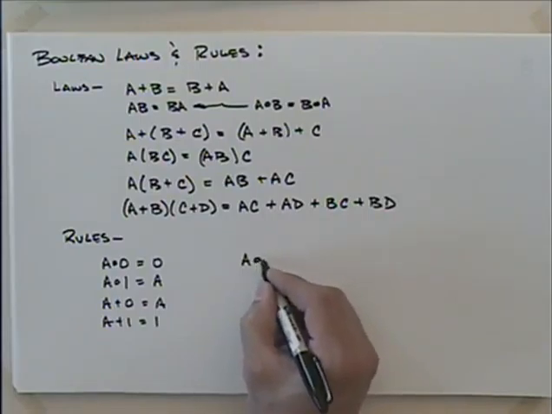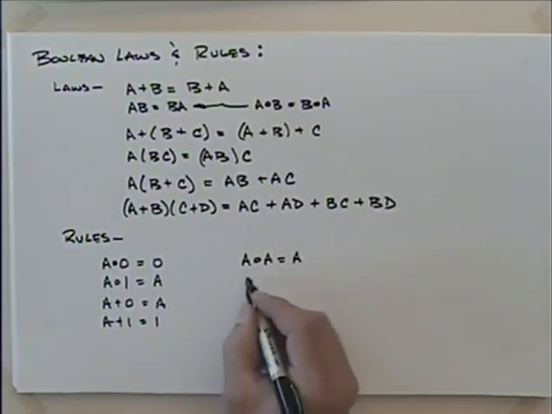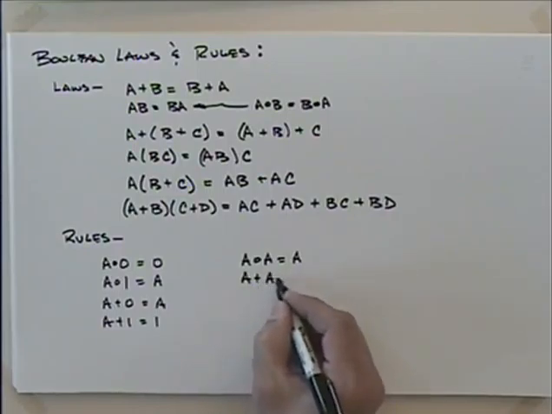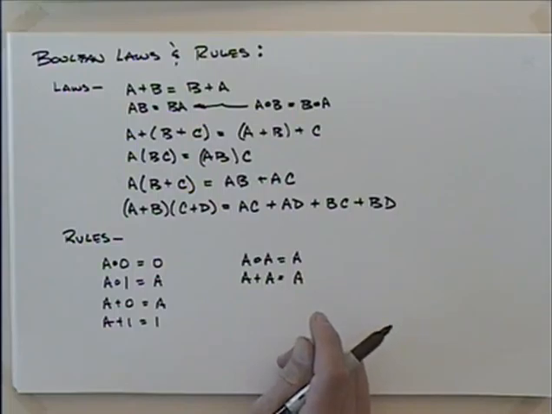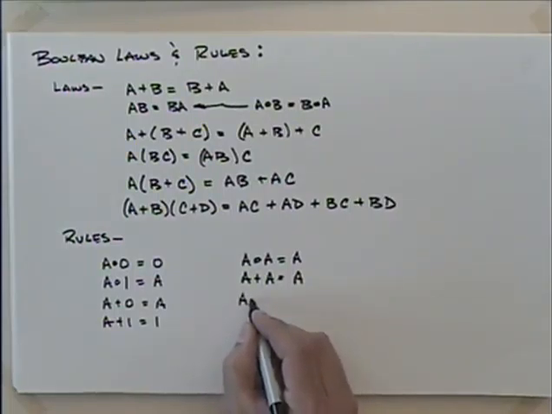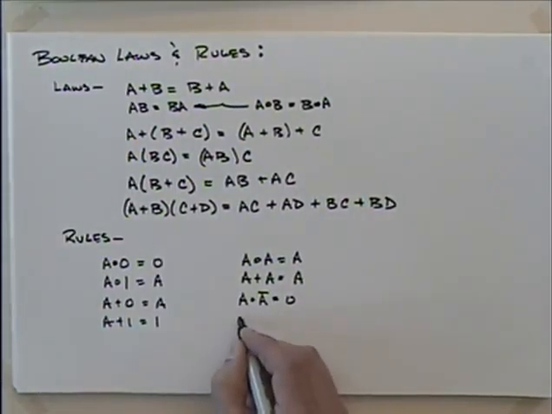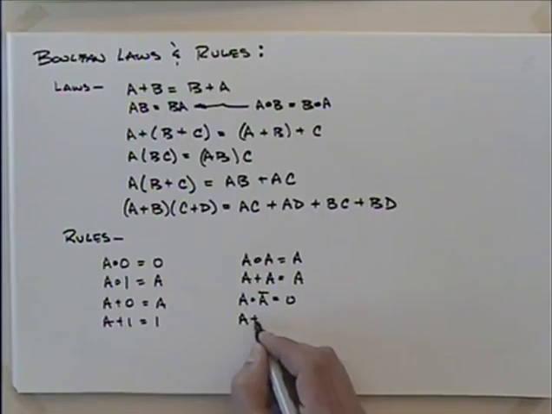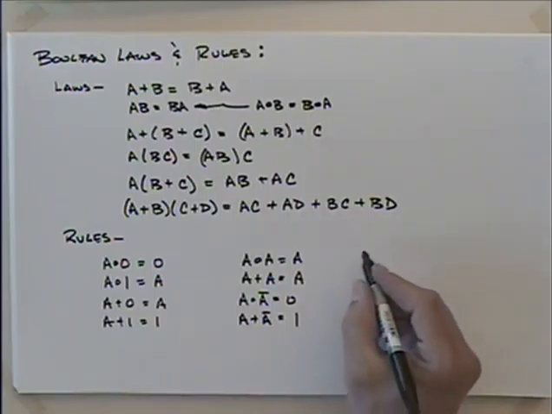A and A is equal to whatever A is. A or A is equal to whatever A is. Is that right? Yeah. A and not A is going to be equal to 0. A or not A will be equal to 1. We've seen most of these before.